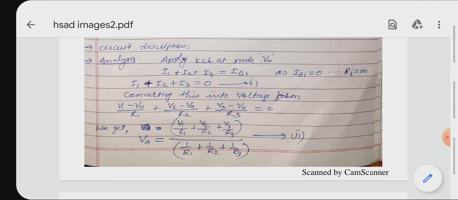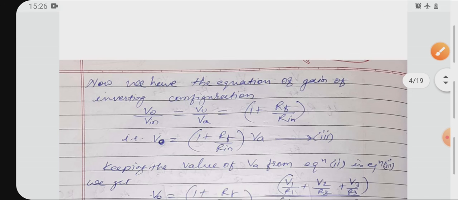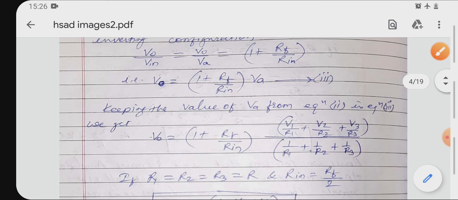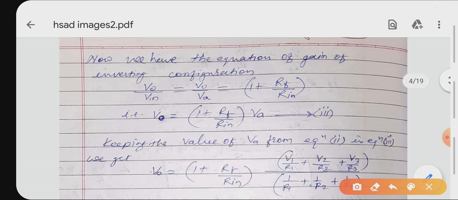Okay, so moving forward, now we have the general equation for gain of non-inverting amplifier. This is the non-inverting configuration. So the gain of non-inverting amplifier is given by the equation VO by Vin, which is nothing but gain, output upon input. Here Vin is nothing but VA, so VO by VA, that means gain, is equal to 1 plus RF by R in, the general equation.